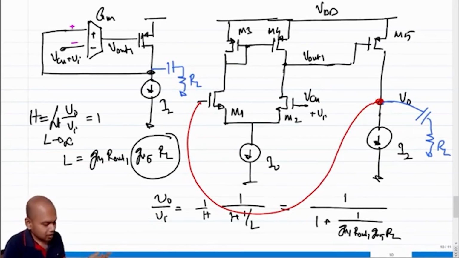Let me give you a brief primer. There are issues with this architecture with regards to stability, right? If you just connect this the way we have, there can be some interesting phenomena that can happen. We will discuss those things in the next few lectures, right? Okay, see you.